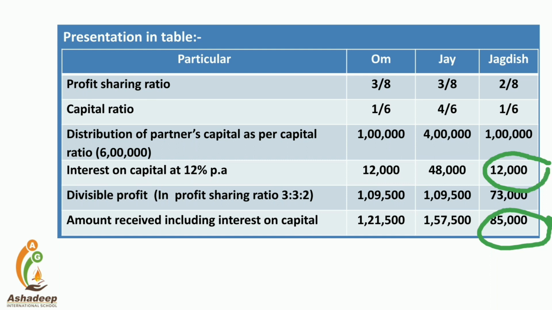So the remaining difference is 73,000, and this is nothing but his profit share. Now from this value we can find the divisible profit, and from divisible profit we can find the value of Om and Jay, like we have done in the calculation part.